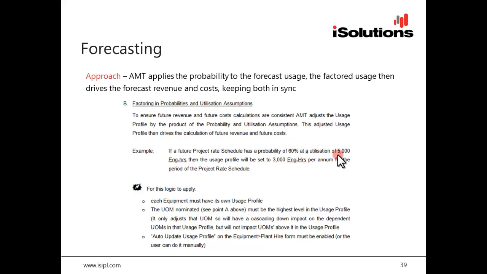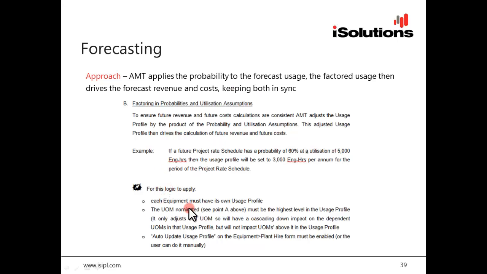So it has quite a big impact. So it's not something that should be fiddled around with lightly, but it does mean that you're always looking at your forecasted P&L, knowing that there's a close alignment between your forecasted revenue and your forecasted costs. You're not getting that disconnect situation happening.